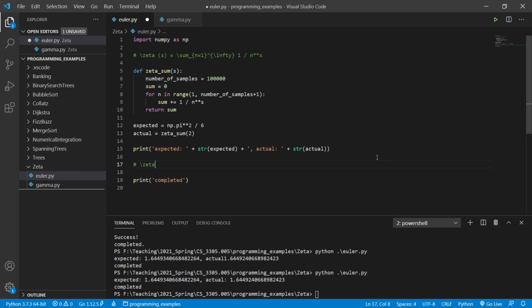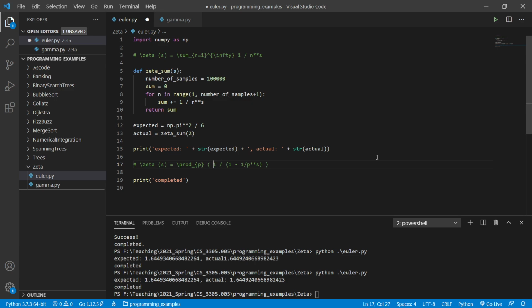So zeta of s is equal to the product over all of the primes of 1 divided by 1 minus 1 divided by p to the s.